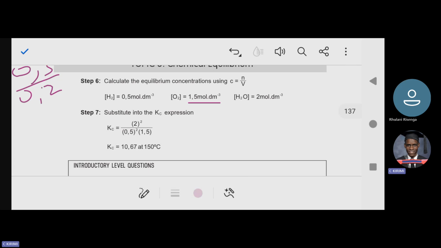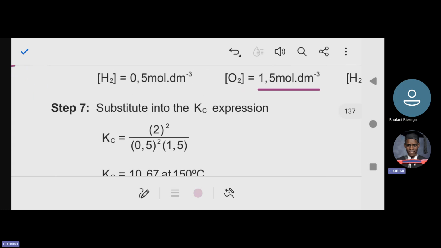Yes, your concentration of product, then you square it over the concentration of H2 and O2. Our product is H2O and our reactants are H2 and O2. What is the product? Water. And what is the concentration of product? 2 moles per dm³, which is cubic decimeters.